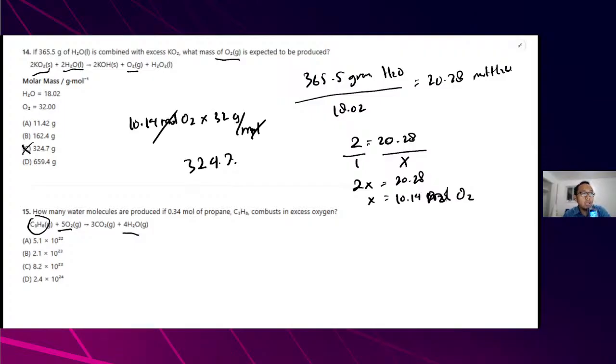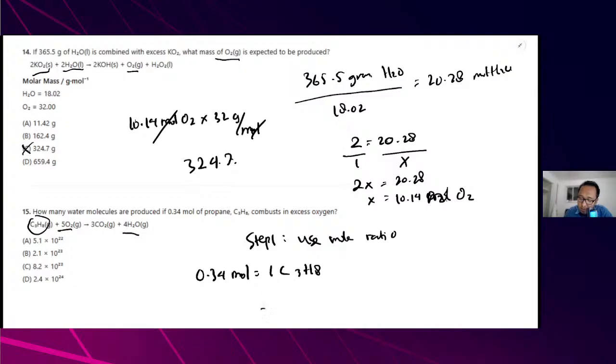Step 1 is still the same: use the mole ratio. How do we get the mole ratio here? It's one propane, and the propane itself is 0.34 mole with a coefficient of 1.